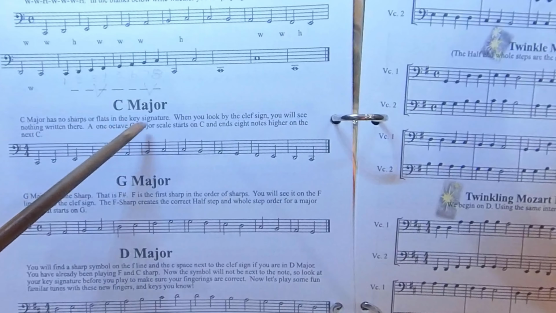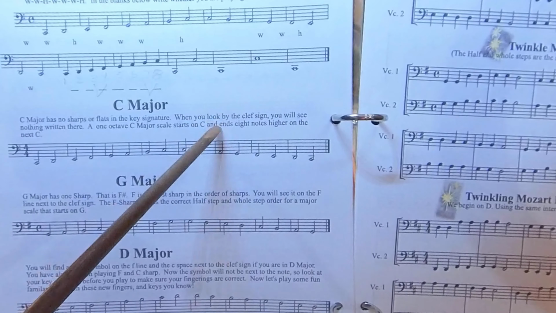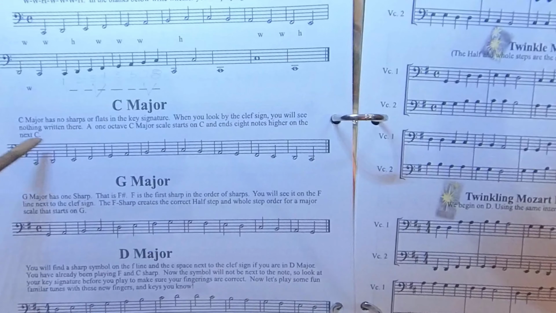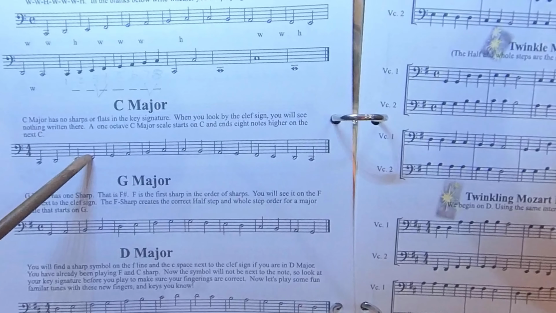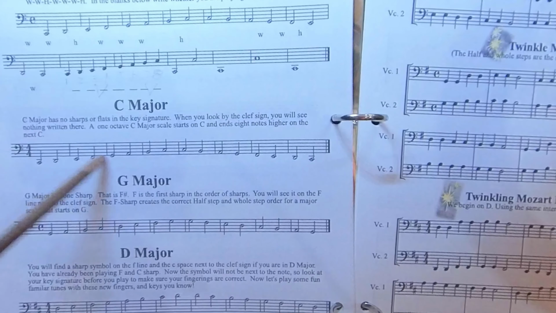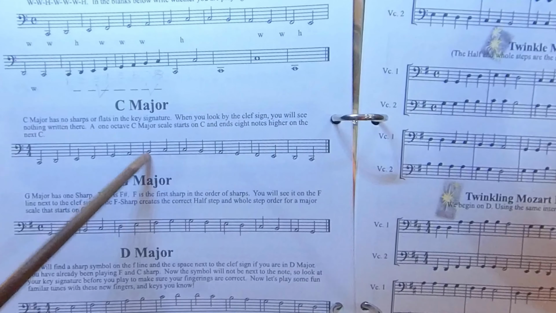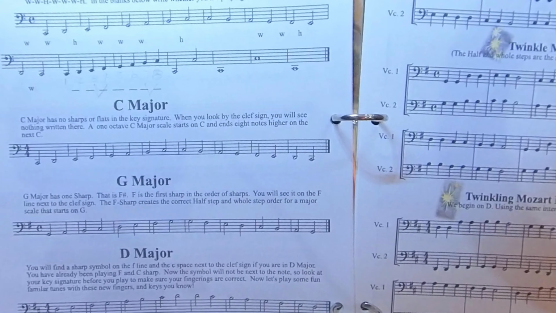A 1 octave C major scale starts on C, ends 8 notes higher on the next C, with the pattern of whole, whole, half, whole, whole, whole, half between the notes.